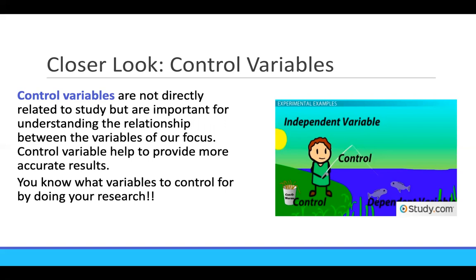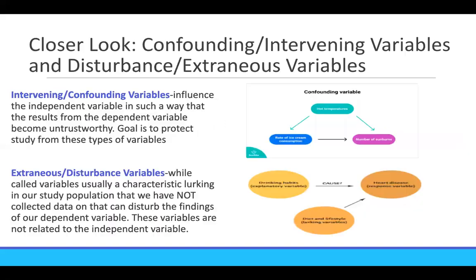And you want to make sure that you really are truly capturing the relationship between IV and DV. Once again, you know the variables to control for by doing your research. You see what other people who have studied your topic have controlled for, and you make sure you control for those same things at a minimum.